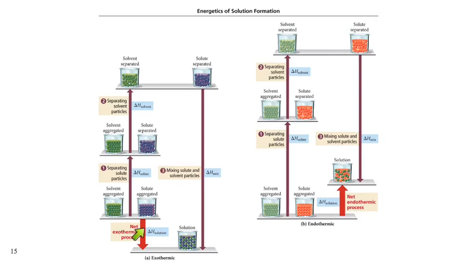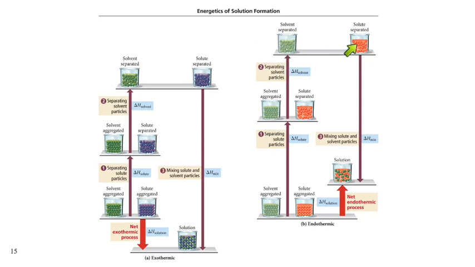So for this one overall, it's an exothermic process. Energy is released. Any questions about that one? Over here, we've got the solvent and the solute, and it requires energy to separate the solute particles. It requires energy to separate the solvent particles.